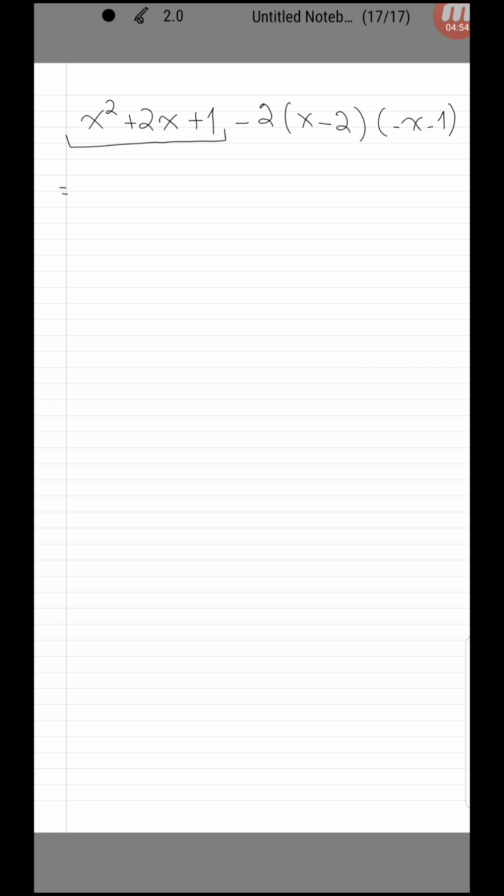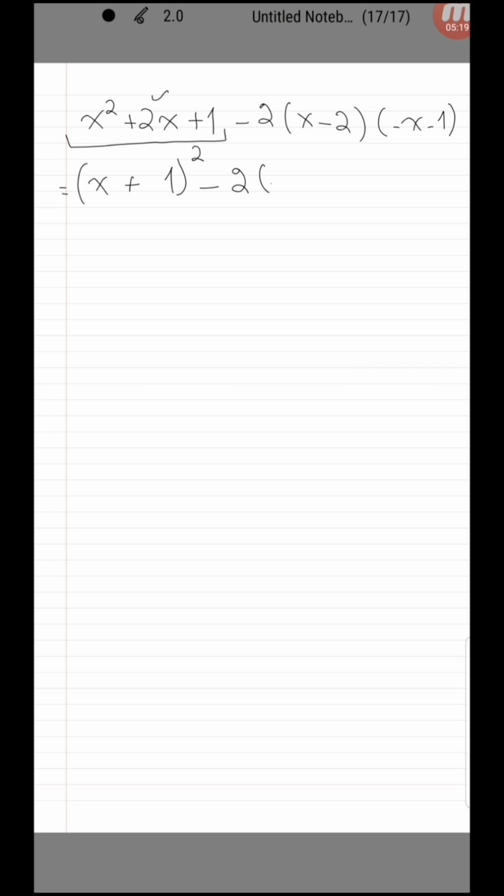Since they are three terms, I will need to try to factorize them as a perfect square. So I take the radical of the first term, x squared becomes x. 1 becomes 1. Now I take the sign of the second term and I square. Now I try 2 times x times 1 is 2x. So it is correct. I can factorize it as a perfect square.